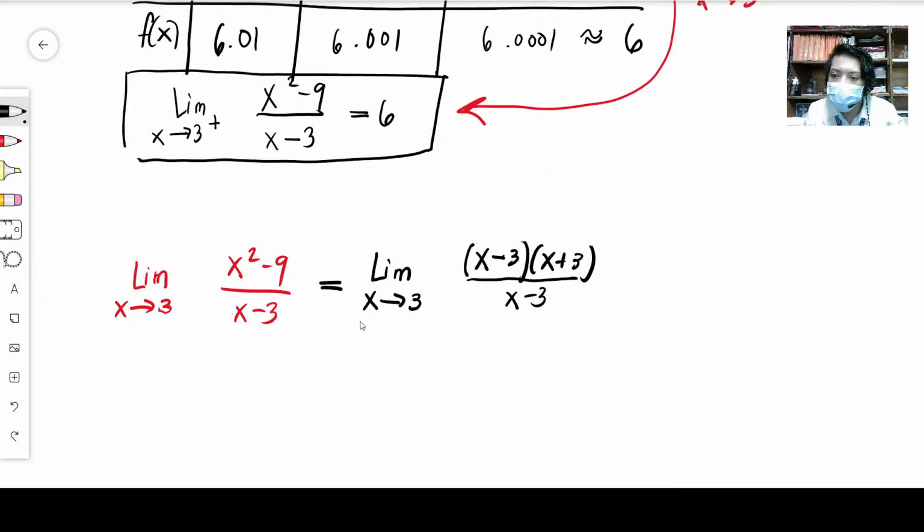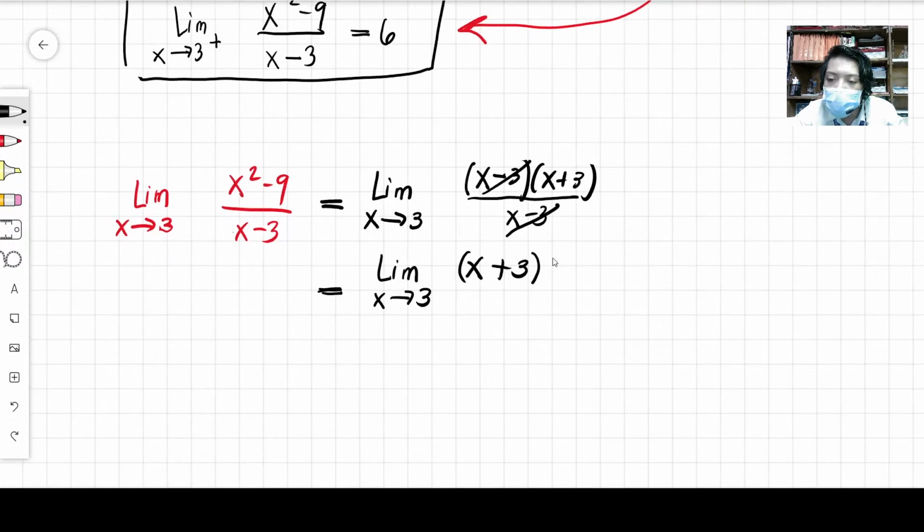Okay, the next step: there is a common factor in the numerator and the denominator, so the x minus 3 can be canceled. What remains? This is equal to the limit of x plus 3, I will just put parentheses, as x approaches 3.